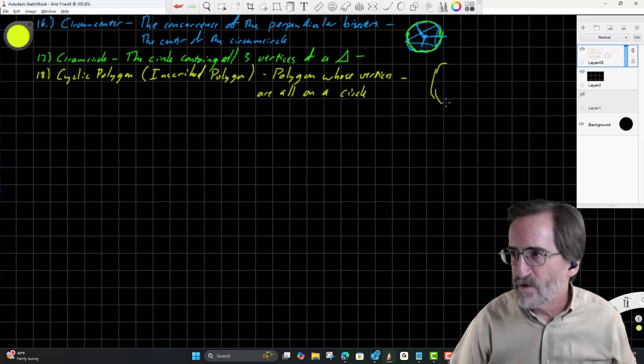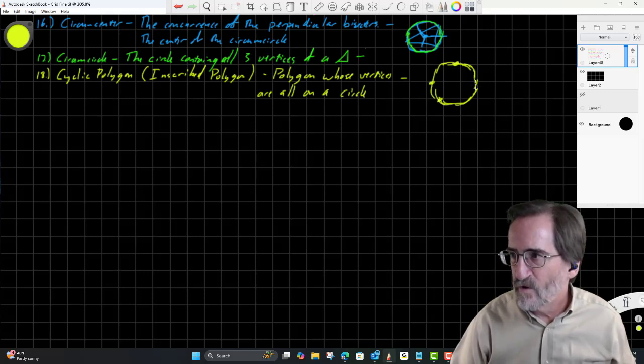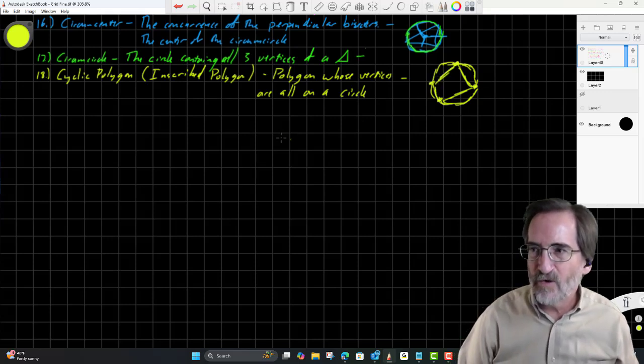So here's a circle. Okay, we put a few points, like these four, on the circle, and its vertices, its corners, are all on the circle. That's a cyclic polygon.